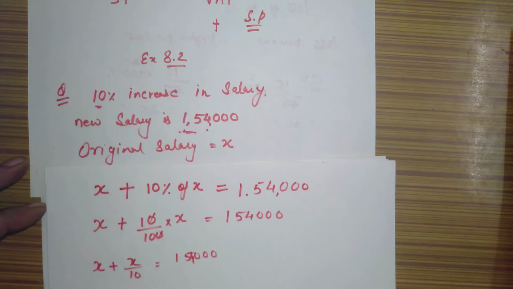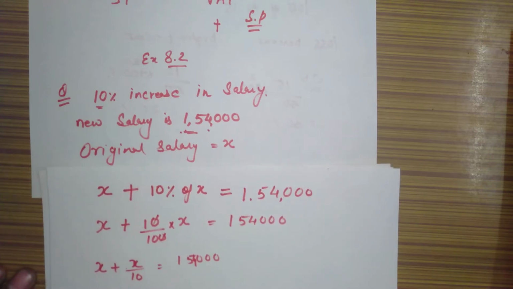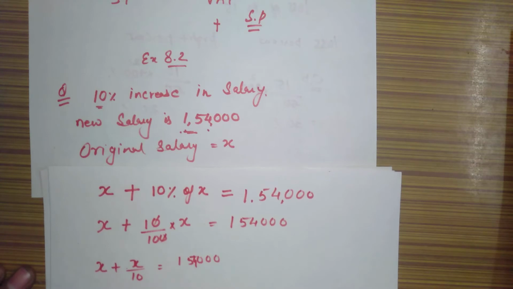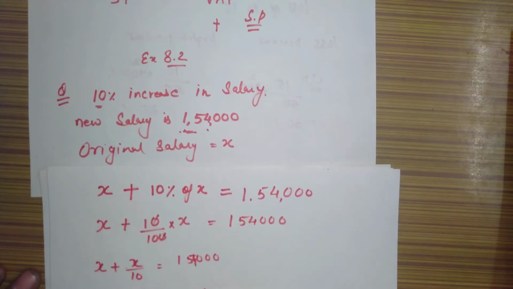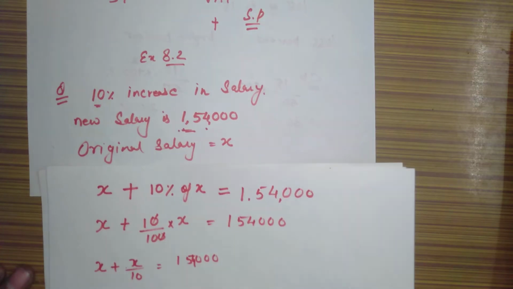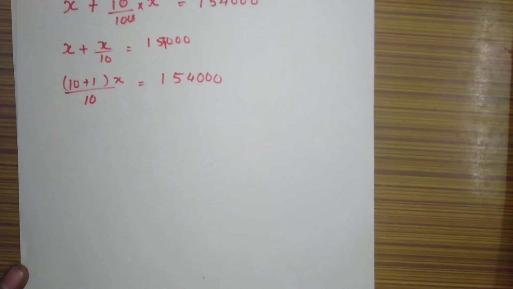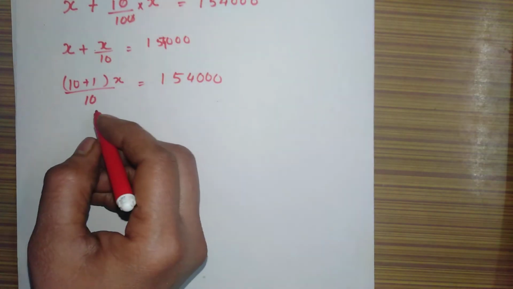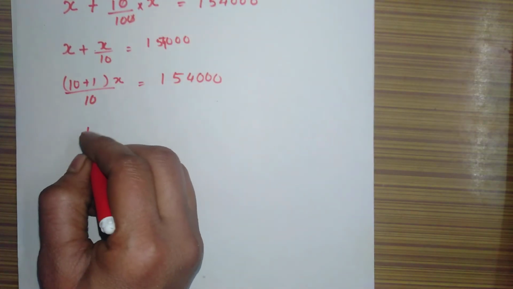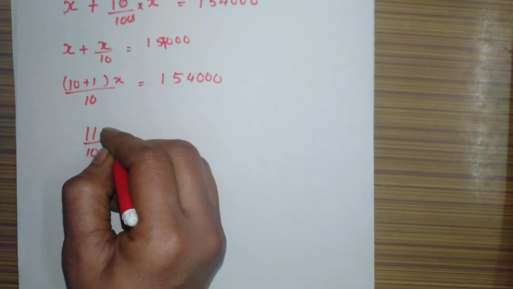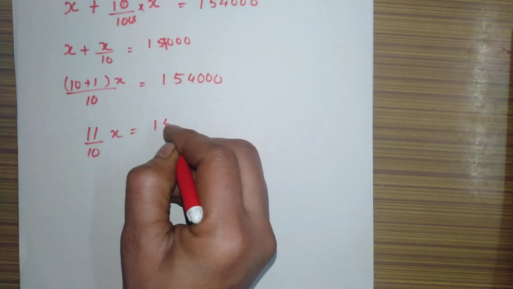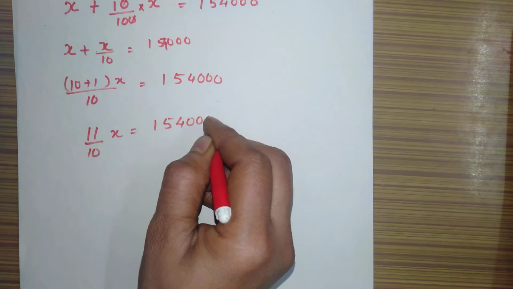Taking the LCM, which is 10, and 10 plus 1, X is 1,54,000. Now this is 11 upon 10 X is 1,54,000.